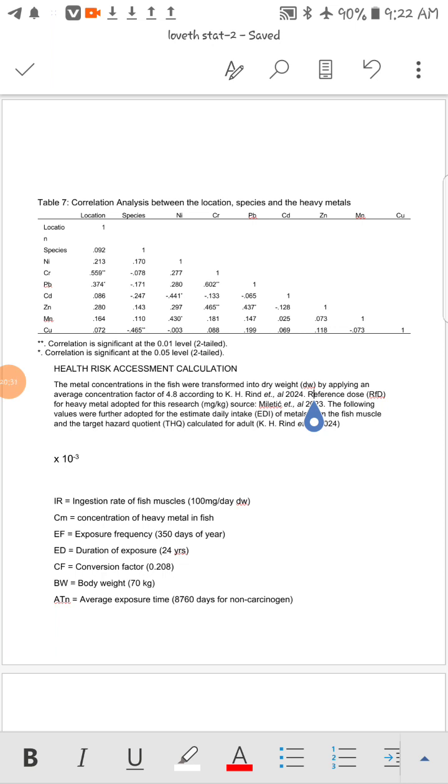Some might use, depending on you though, 20% or 50% as your conversion factor, because in health risk assessment you are kind of calculating the life span of a man who has been poisoned with heavy metal all this long, and we'll see what kind of effect it's going to have on a person.